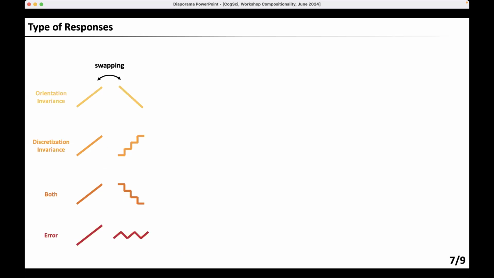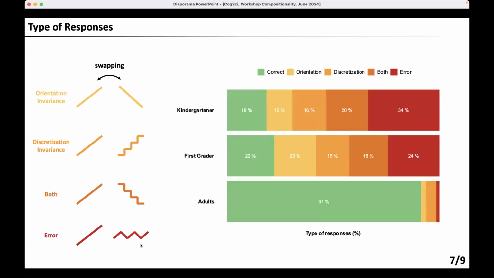In order to represent this kind of invariance, we define orientation invariance, so the swapping between something going up or going down, and discretization invariance, so swapping between a linear and a stair function, both kinds of invariants, and errors in red, which are the real errors in our paradigm, right?